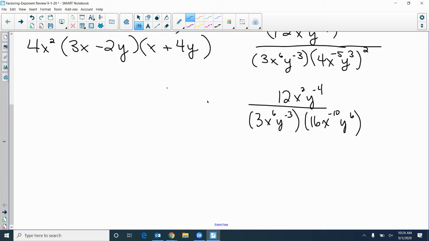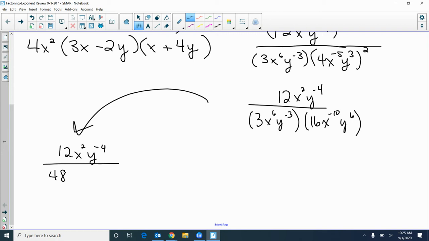Just to give myself a little more room, I would just combine those two. I'm not gonna move everything and make positive x, I'm just gonna combine those two. 12x squared y to the -4th over 3 times 16 is 48. You're multiplying there, those are constants. x to the 6th times x to the -10th is x to the -4th.